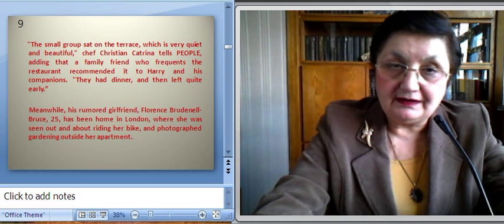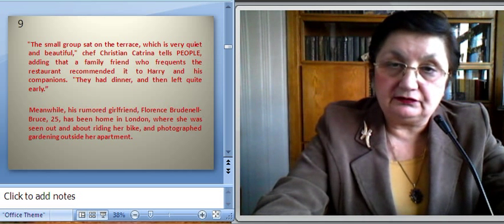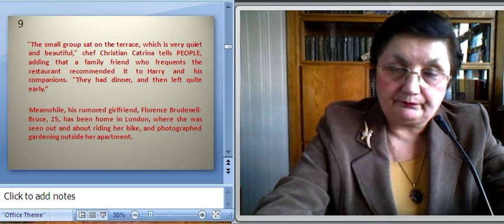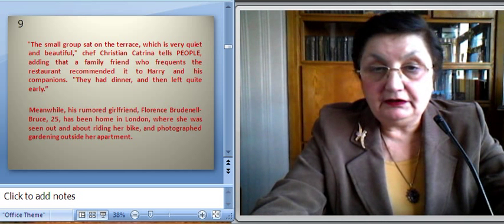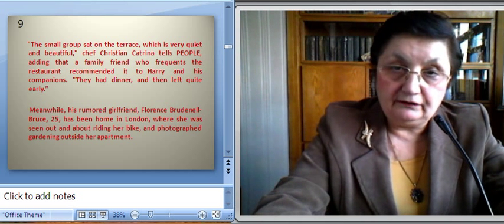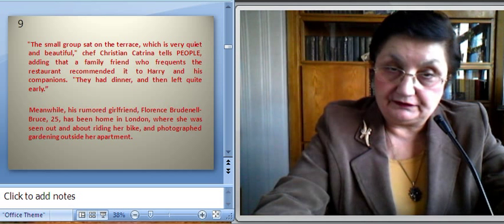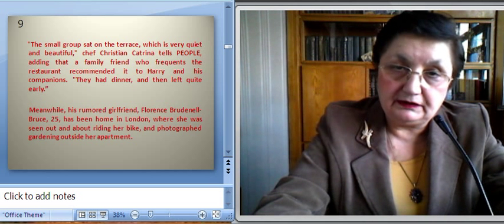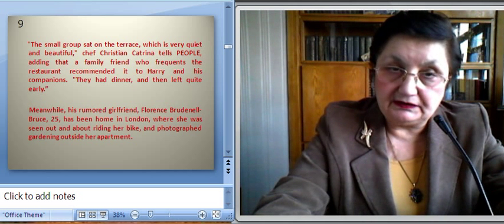"They had dinner and then left quite early." Meanwhile, his rumored girlfriend, Florence Brudenell-Bruce, 25, has been home in London, where she was seen out and about riding her bike and photographed gardening outside her apartment.